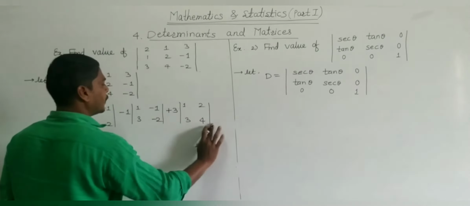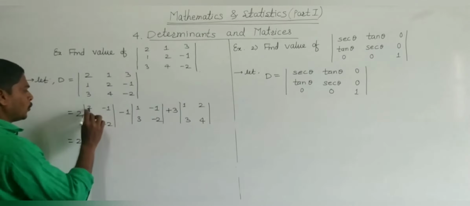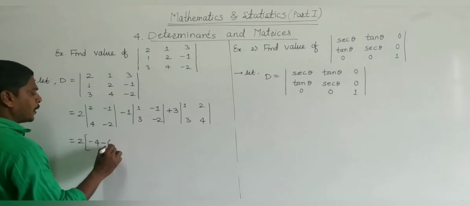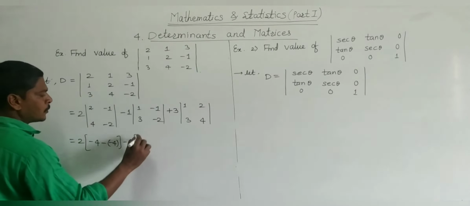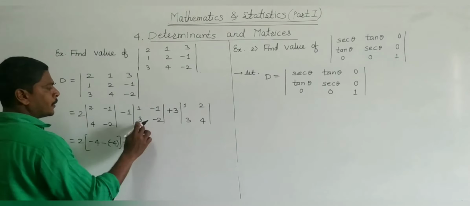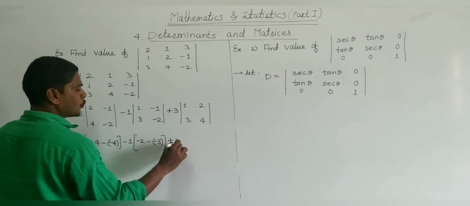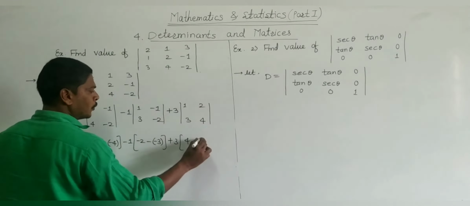And now simplify these 2 by 2 determinants. So we get 2 into bracket, 2 into minus 2 is minus 4, minus 4 into minus 1 becomes minus 4 plus 1 into... minus 1 as it is; 1 into minus 2 becomes minus 2, minus 3 into minus 1 becomes plus 3. Then plus 3 into bracket, 1 into 4 is 4, minus 3 into 2 is 6.